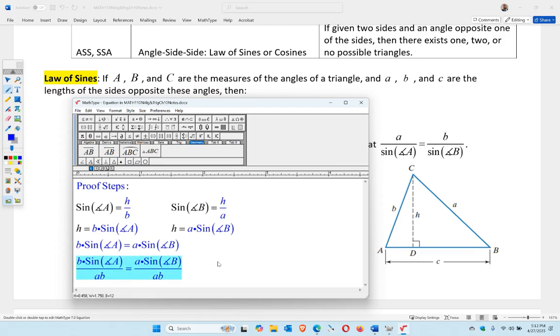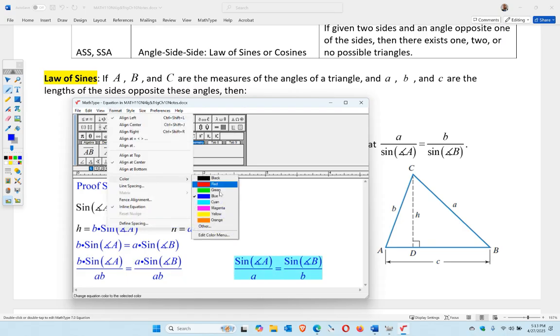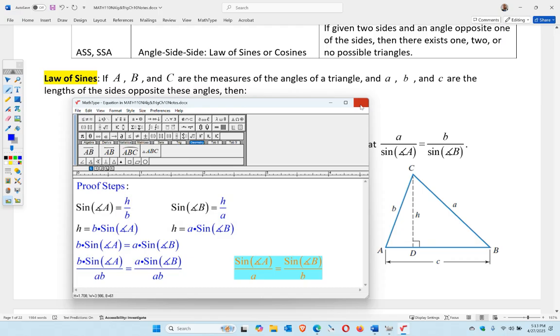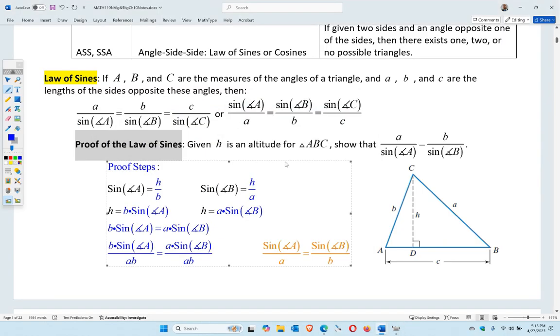So what that is going to do is cancel the B on the left side, and cancel the A on the right side. So basically we just proved why the law of sines works, right? Because I could have picked A, B, or C, and I got this version. If I flipped it, I'd get the other version. Either way, because it's a ratio of angles to sides, essentially.